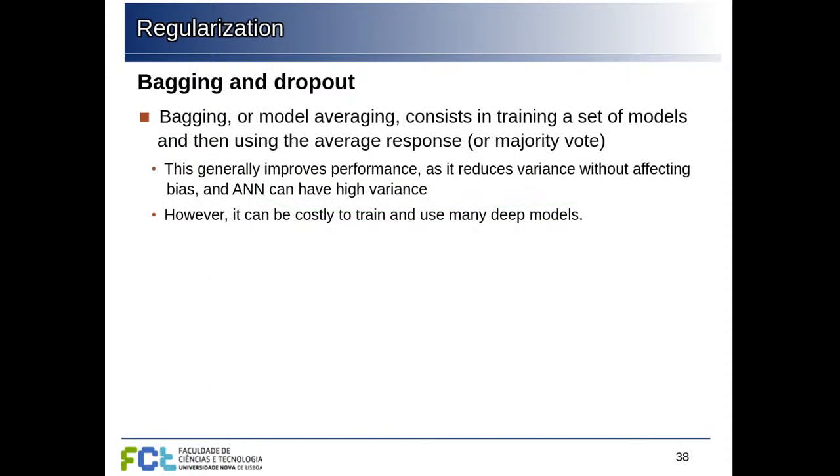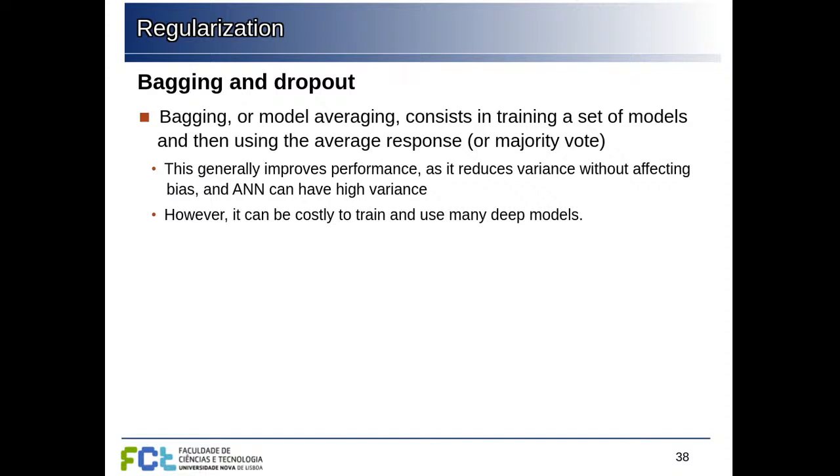Another thing that we can use when we have models that are overfitting: the model is overfitting because it has a large variance. And so if we average different predictions of different instances of that model, so different hypotheses, we can improve prediction by reducing variance without compromising bias.